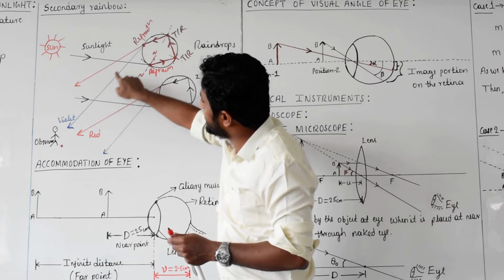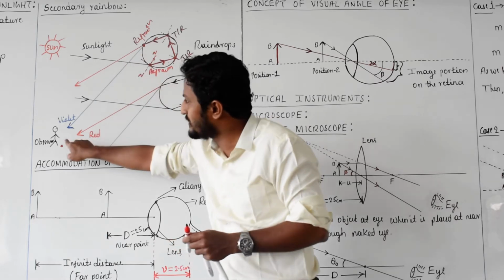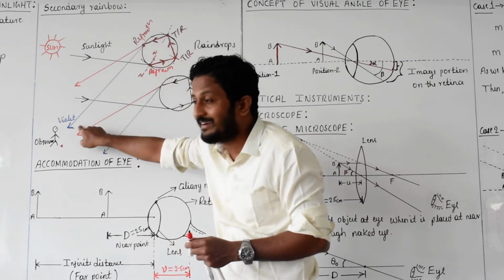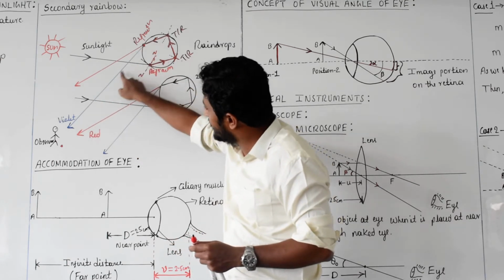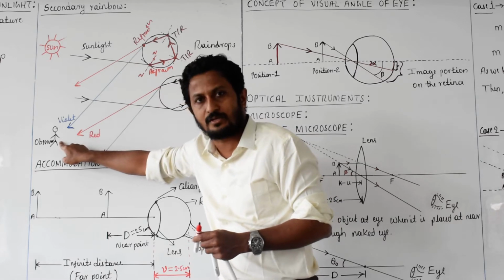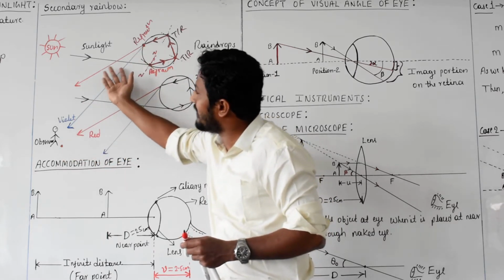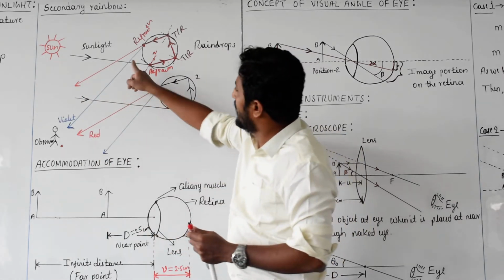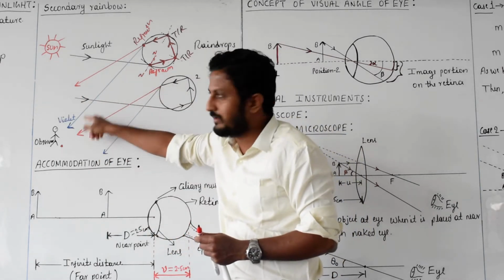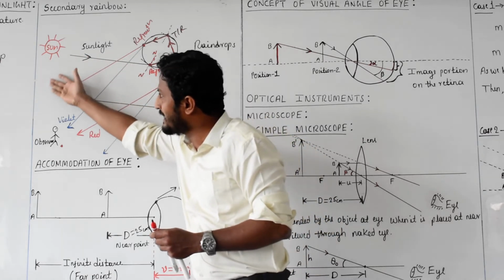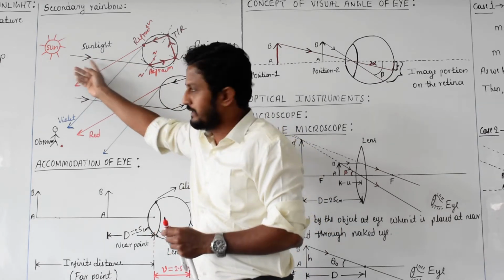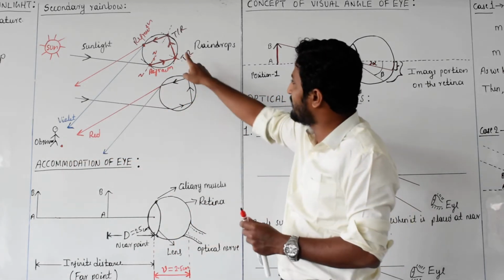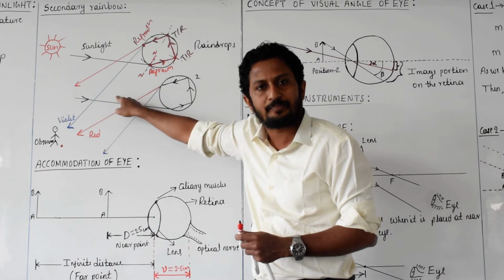Which color is received by the observer? From this light ray, the violet color is received by that observer. The remaining colors move somewhere in the atmosphere. Only violet was received by the observer from that first raindrop.